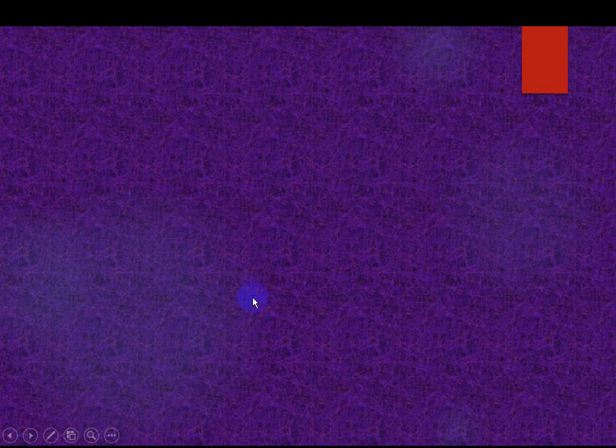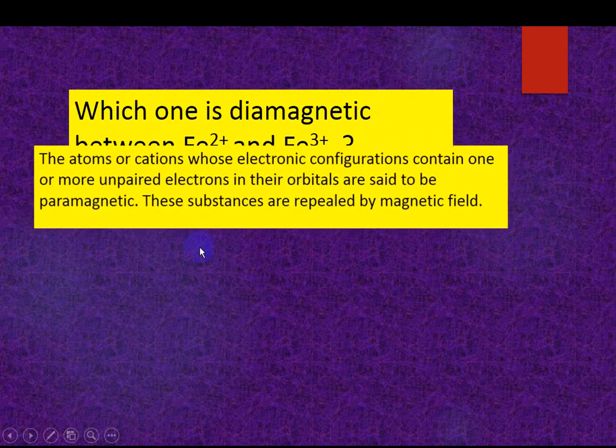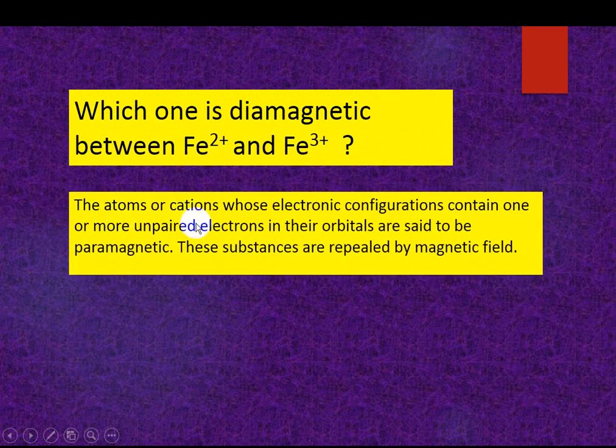Now some magnetism. Which one shows diamagnetism? Atoms, cations or substances whose electronic configuration contains one or more unpaired electrons in their orbitals are said to be paramagnetic. The paramagnetic substance is attracted by a magnetic field. Those substances contain unpaired electrons in their orbitals, so they are paramagnetic.